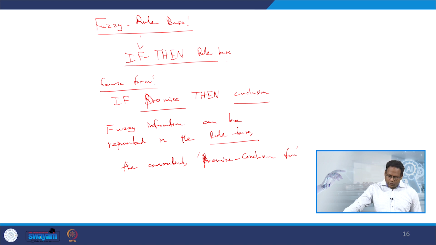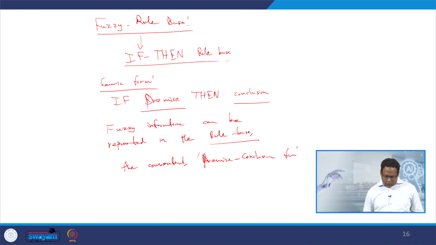Okay. That means introduction conclusion form. Rule base is nothing but a set of rules, and each rule is having if then rule base, which is in the form of conventional premise and conclusion form.